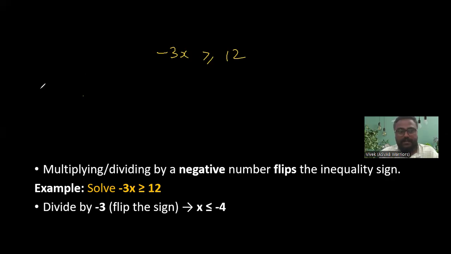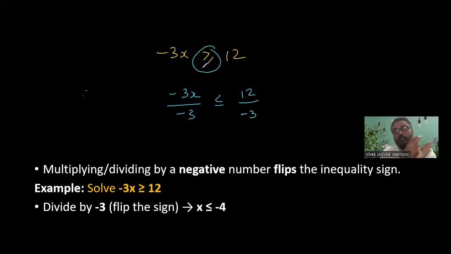What do I mean by that? If I divide both the sides with negative 3, the inequality sign, initially it was greater than, now it has become less than, because I divided both the sides with a negative number.